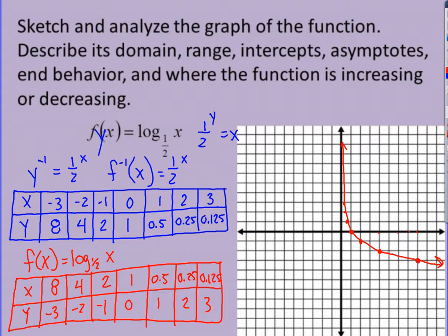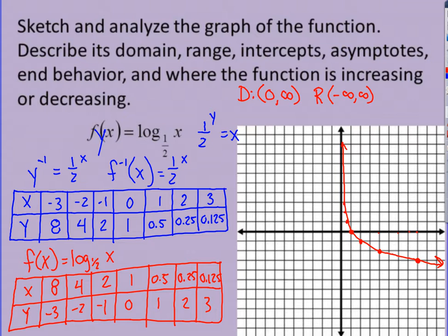Again, we need to state the domain, range, intercepts, asymptotes, and behaviors, and whether it is increasing or decreasing. So if we take a look at our domain, again, it's only going to start to the right of the y-axis. So our domain is going to go from 0 to infinity. Our range, the arrows point up and down. So our range is going to be negative infinity to infinity.